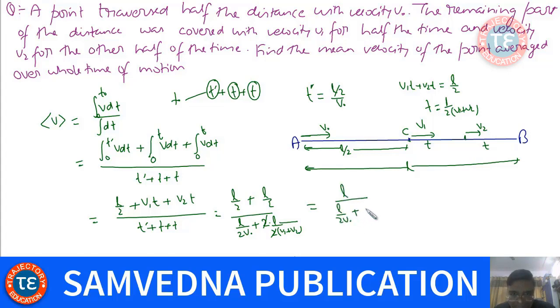This is L, so that will give you 2 v naught, and that's the answer. Getting a point, right?